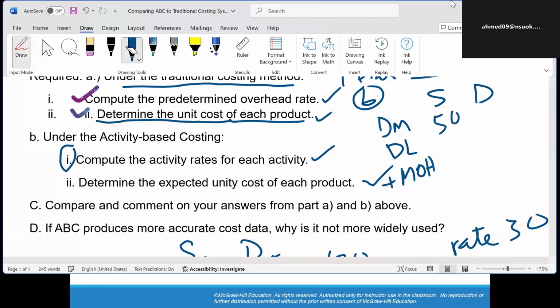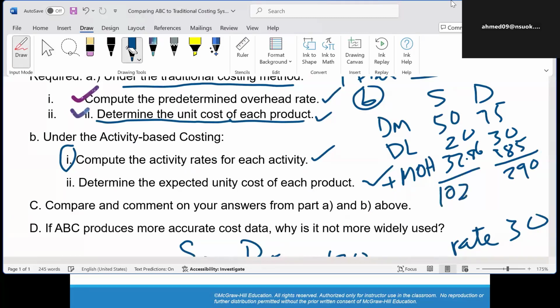This information is already given to us, 75, 30, 20. We just calculated the MOH for each of them. This was 32.86. This was 185. Add this, it gives 290. This gives you 102.86. Okay, so we calculated those.